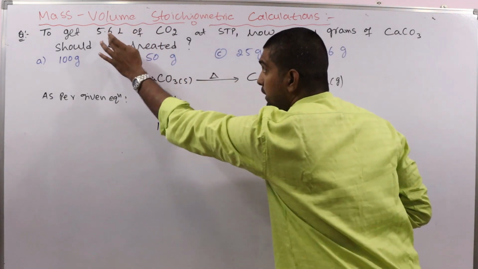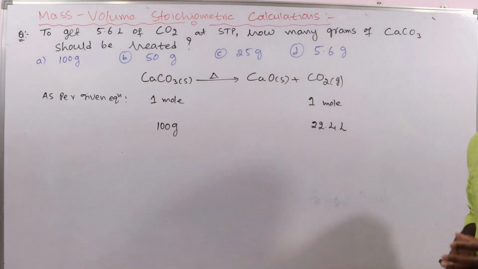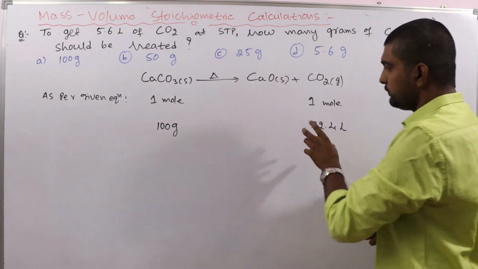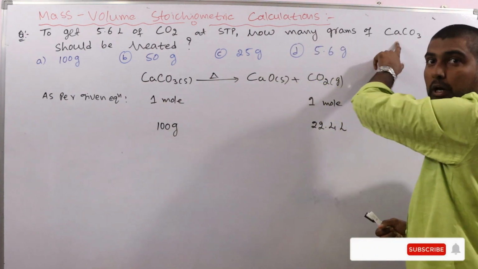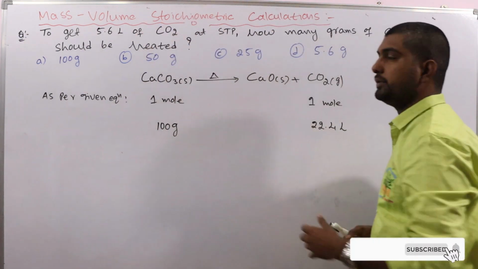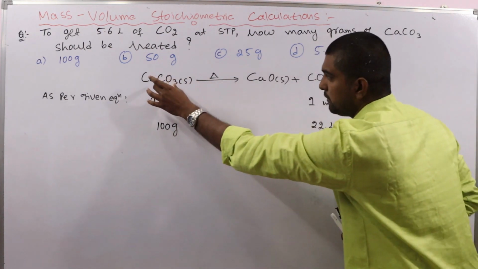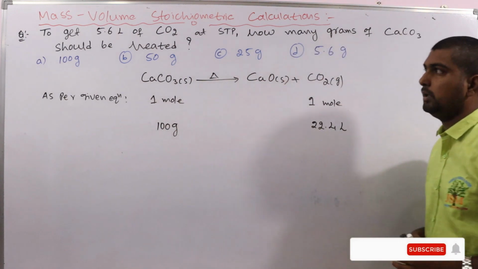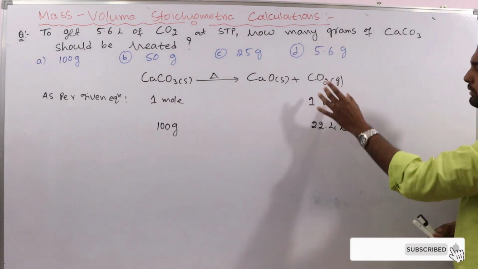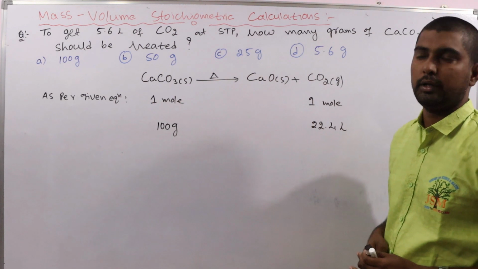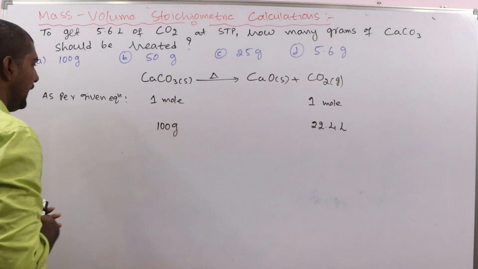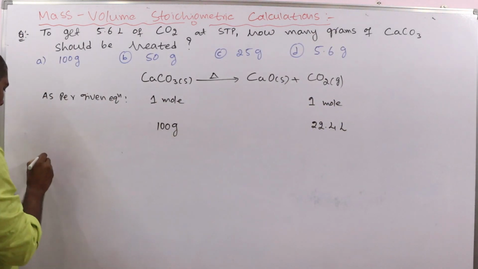To get 5.6 liter of CO2, we have to calculate the weight of calcium carbonate. That's why we are taking calcium carbonate 1 mole equal to 100 gram and 1 mole of CO2 equal to 22.4 liter.